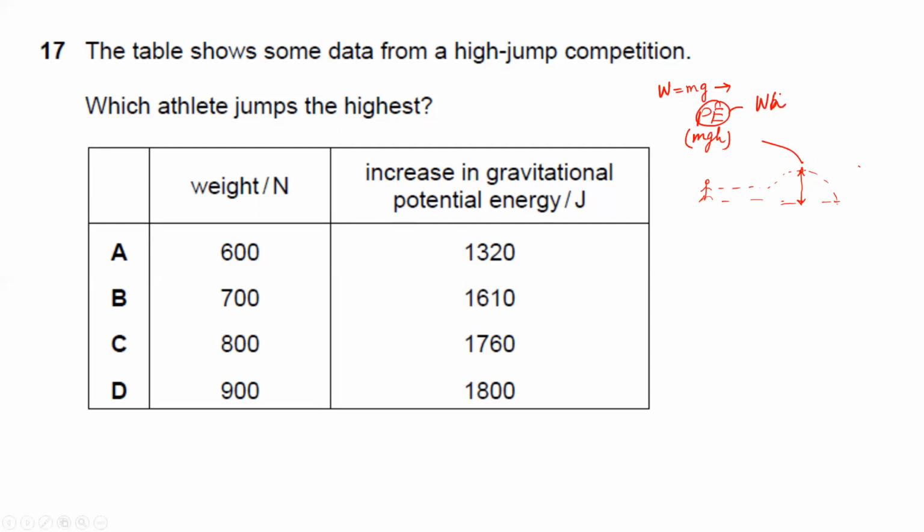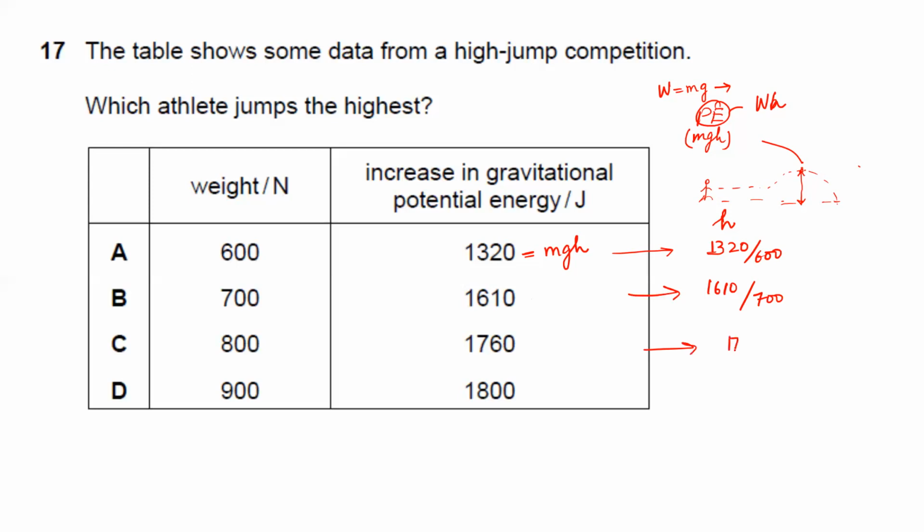Okay, so we can say that the increase in gravitational potential energy, since the person is initially on the ground and running, is actually the complete potential energy of the person. So we can estimate height from here. This is equal to mgh, and mg value is given as 600. So height can be found by 1320 divided by 600. Similarly, for this case, 1610 divided by 700.